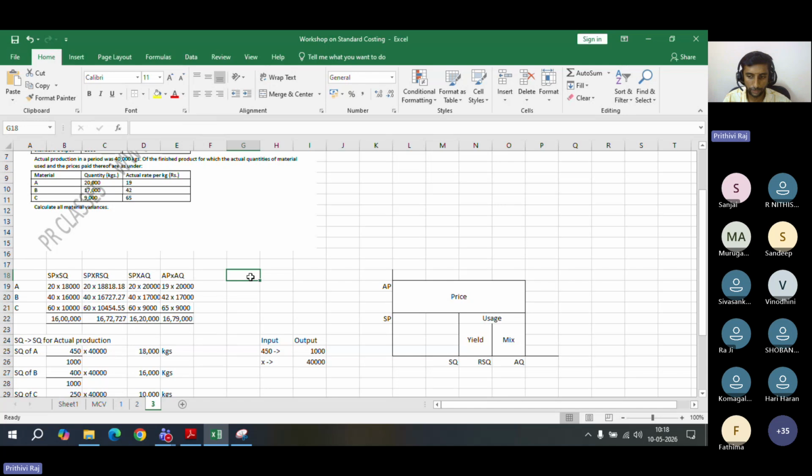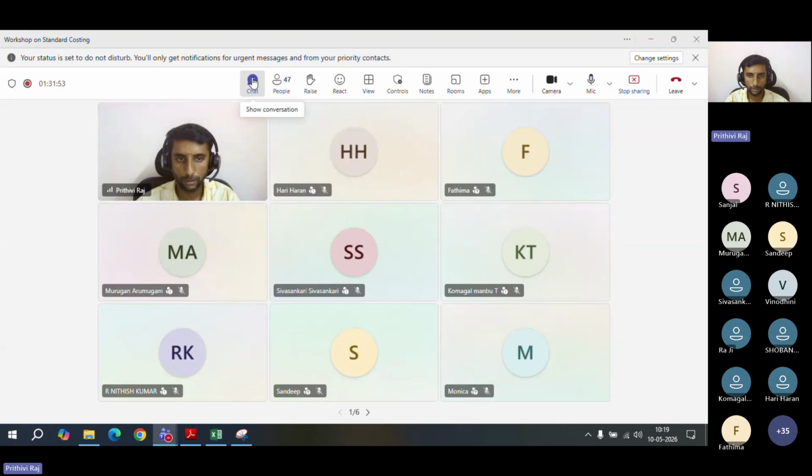Now I'll give you 5 minutes. Everyone calculate and tell the value: material cost variance, material price variance, material usage variance, material yield variance, material mix variance. Just calculate and tell me the value. Put it in the chat. Here's a table for you. Put in the formulas and do it. Just take some 5 minutes. Let me know who completes it.